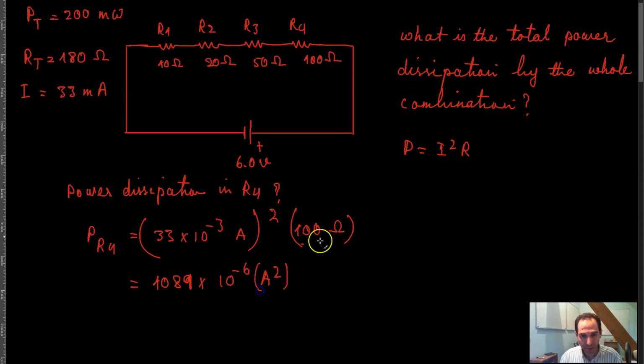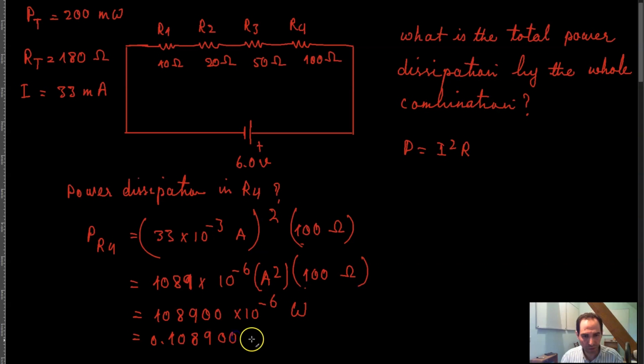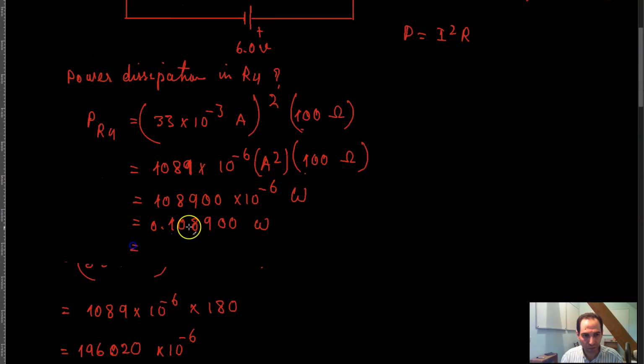times 100 ohms, that would be the same thing as 108,900 times 10 raised to the power negative 6, ohm times amp squared is equal to watt, and so you have 0.108900 watts, and rounded to two significant figures, you get 0.11 watts.